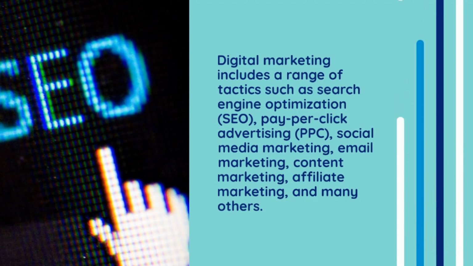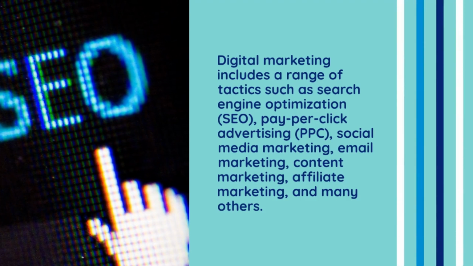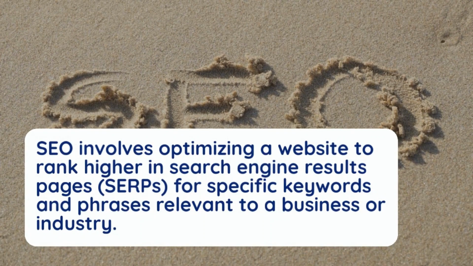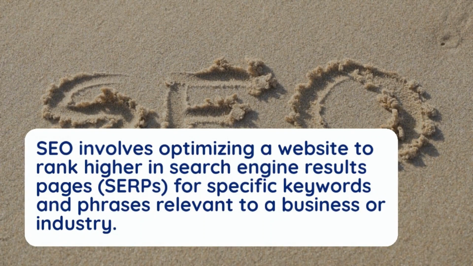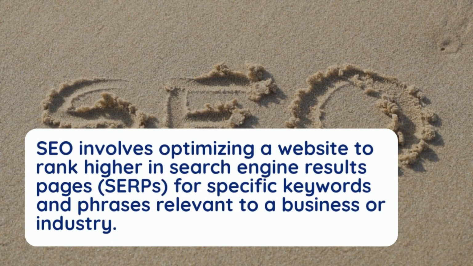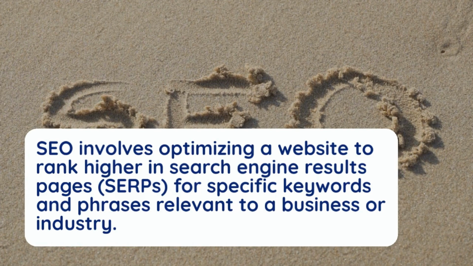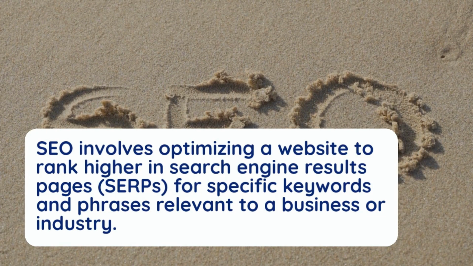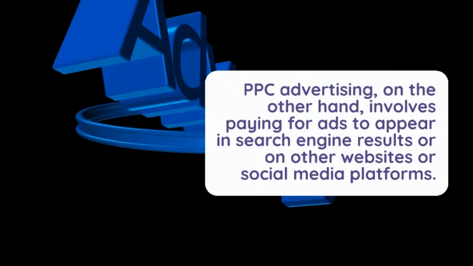SEO involves optimizing a website to rank higher in search engine results pages for specific keywords and phrases relevant to a business or industry. PPC advertising, on the other hand, involves paying for ads to appear in search engine results or on other websites or social media platforms.